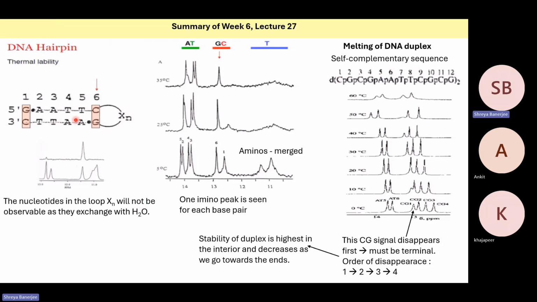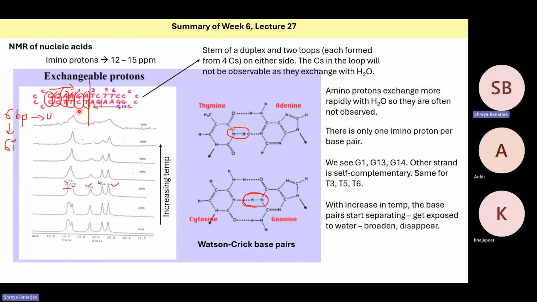Other than that, for each base pair, you will see 1 imino peak. So here there is no symmetry. Here again, the symmetry was because the loop is 4 cytosine on both sides. So whether you're reading from this side or this side, because the loops are symmetrical, there was a symmetry.